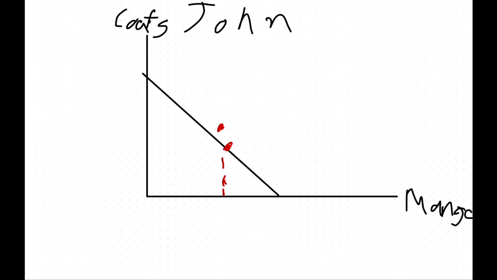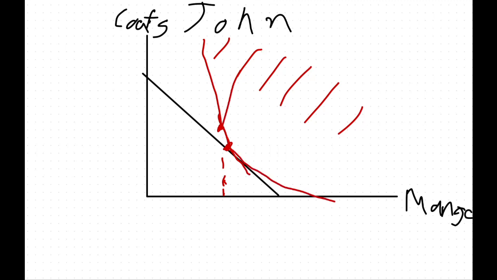So then we can map out, asking John, what bundles of goods, what pairs of coats and mangoes, would you prefer? Which ones would you say are better? And John might say, I would like everything in this region to the right.